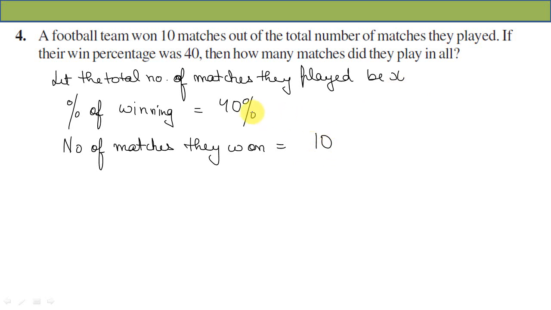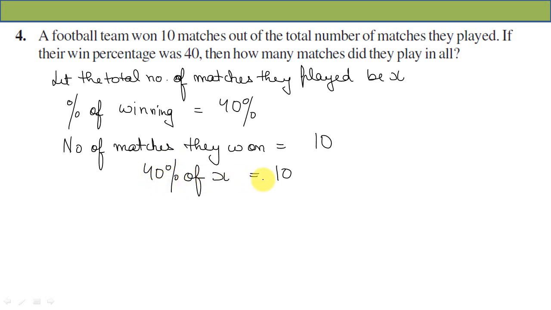So if we know the percentage and the total number, we can find out. So this number of matches they won can also be written as 40% of x is equal to 10, right? That means winning percentage आप total की निकालोगे, the number of matches you have won.